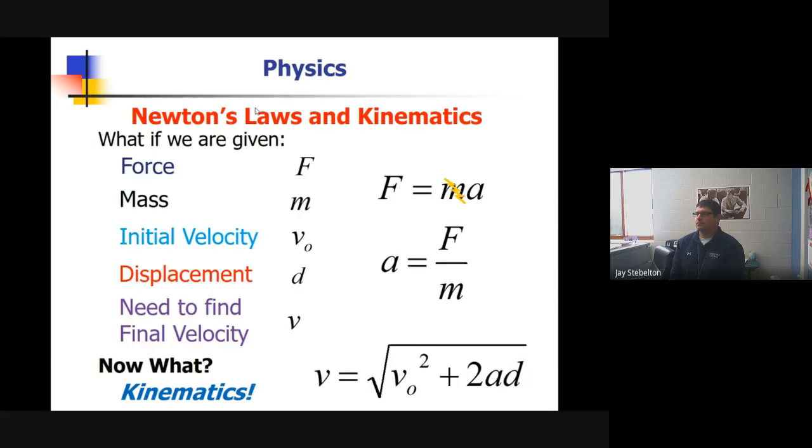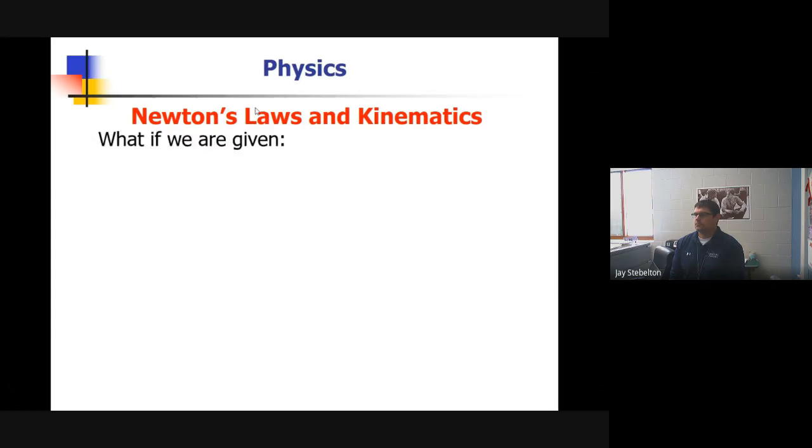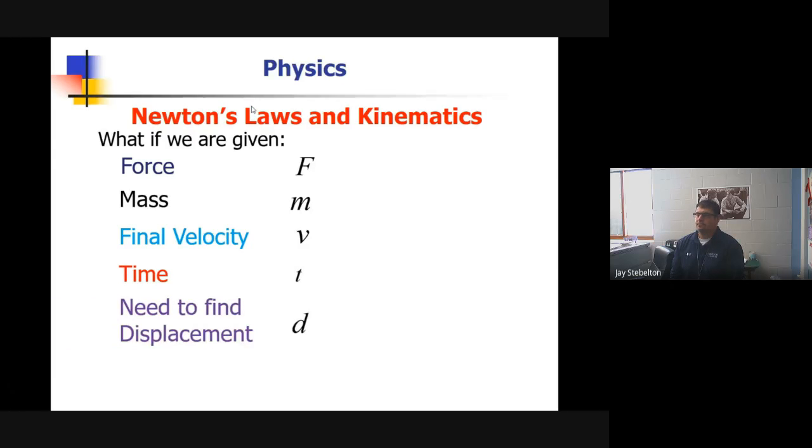Now, lastly, what if we are given a force, a mass, and final velocity and time, and told to find the displacement? Well, again, it's easier to do it in small steps. So I grab Newton's second law, F is ma, and it's easy to do just a little bit of algebra, and I have the acceleration.